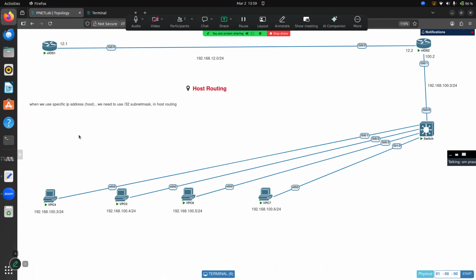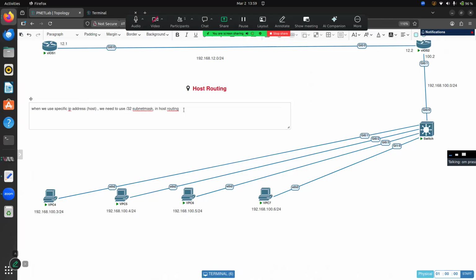Before that, what do we have to do first? I'm going to write it. First, IP configuration: I'll do the IP configuration in the router and PCs.